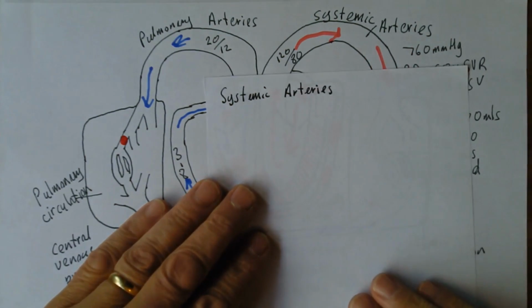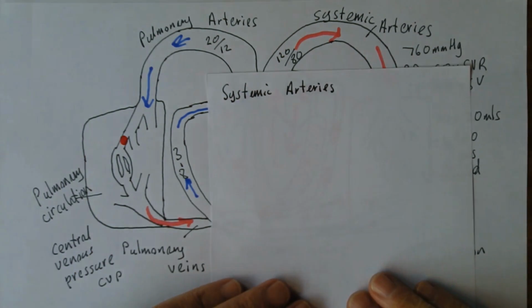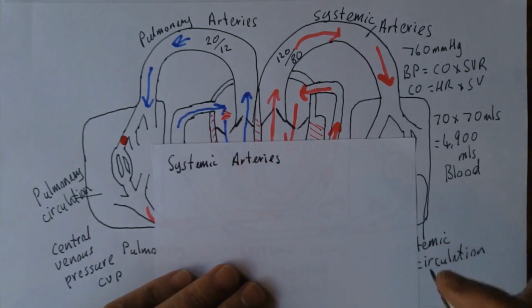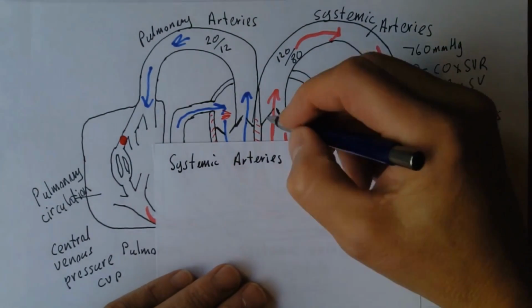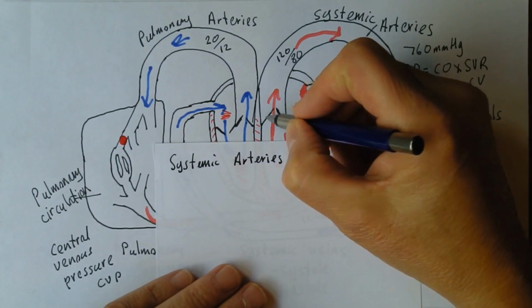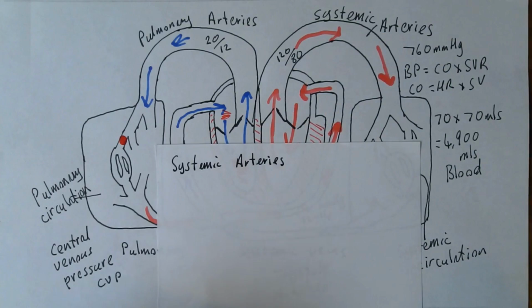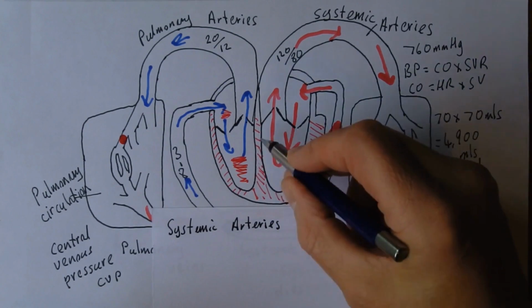These are the arteries that branch down and take blood to all of the body, apart from the lungs. All the systems of the body receive their blood supply via the aorta. The first two vessels right down here that actually leave the aorta are the coronary arteries, the right and left coronary artery taking blood to the myocardium itself.